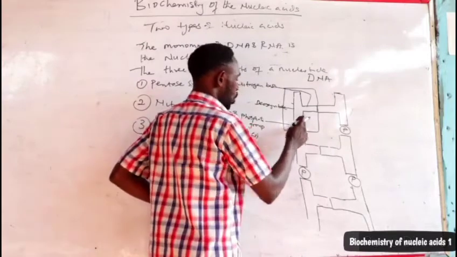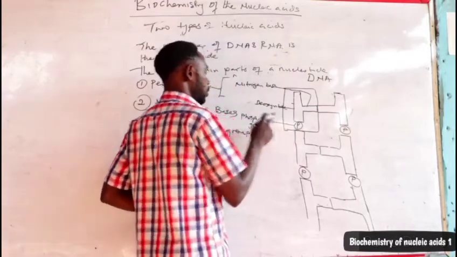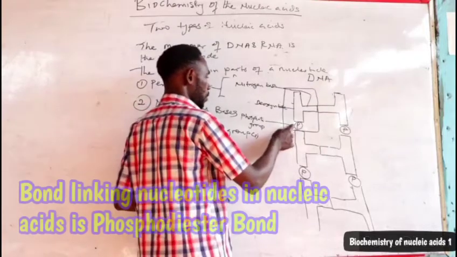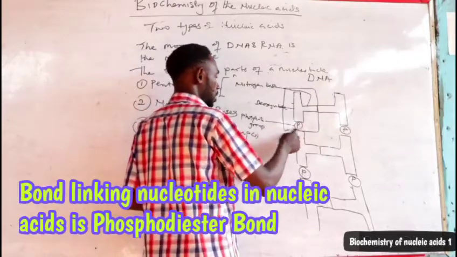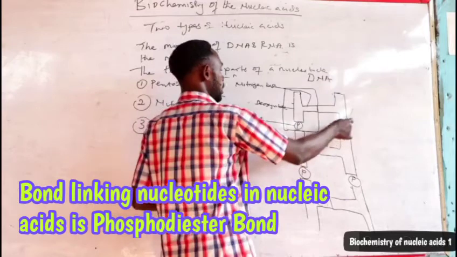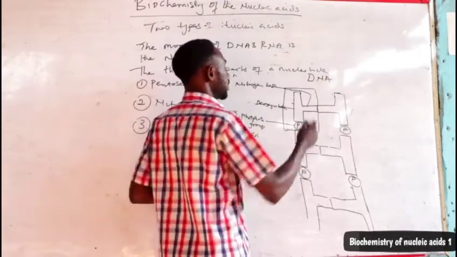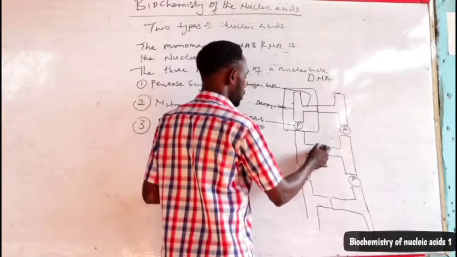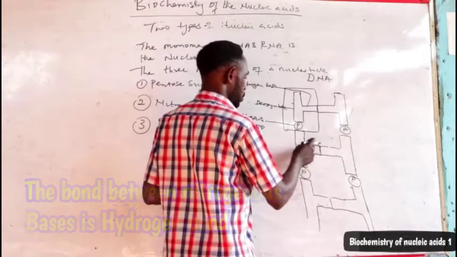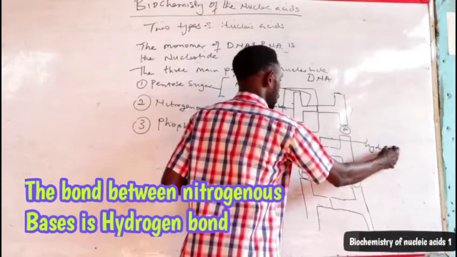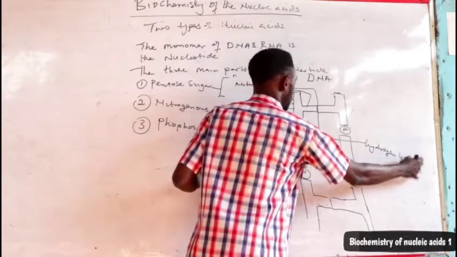Then coming to the bonds between nucleotides. The bond that joins a nucleotide to another nucleotide is called the phosphodiester bond. So the bond here is the phosphodiester bond. Here is a phosphodiester bond. Then the bond between nitrogenous bases: here are the nitrogenous bases, and the bond here is actually the hydrogen bond.